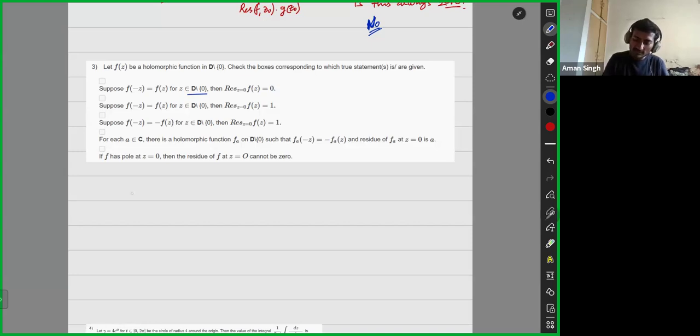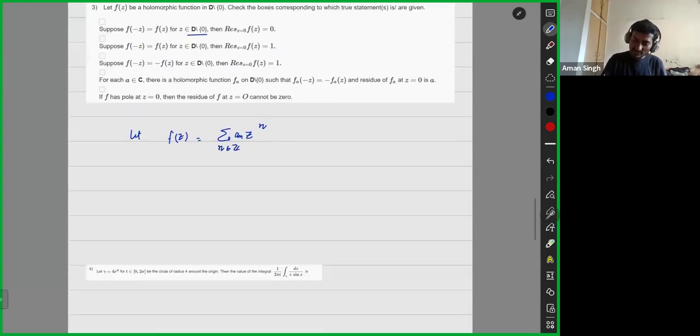So you can write them explicitly. Let f(z) be the summation of a_n z to the power n, n varying over the integers. Then if you put f(-z), what do you get?